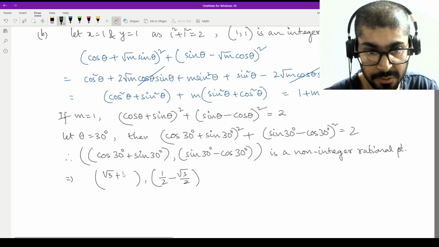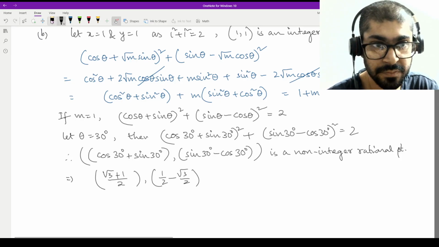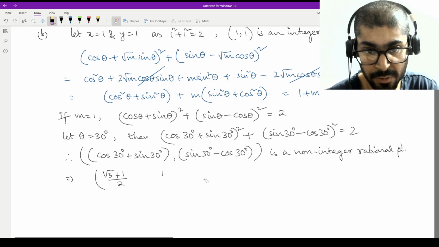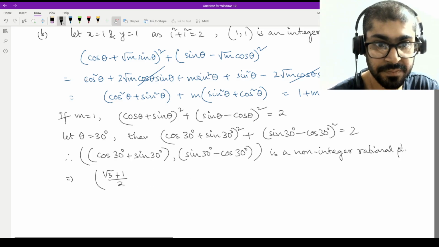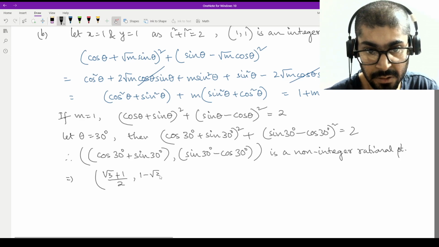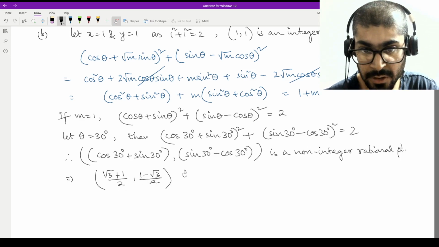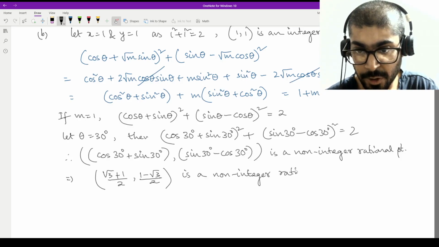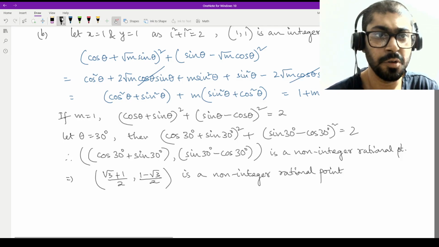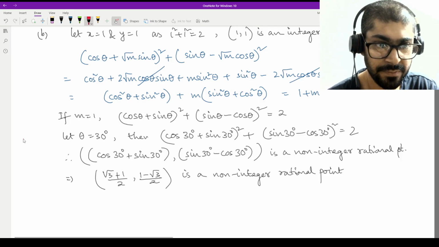Root 3 plus 1 by 2, comma, 1 minus root 3 by 2, is a non-integer rational point. Okay, so this is one way.